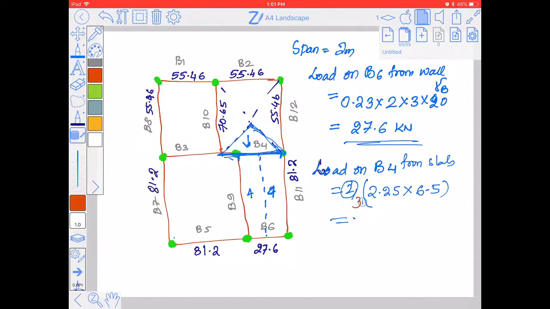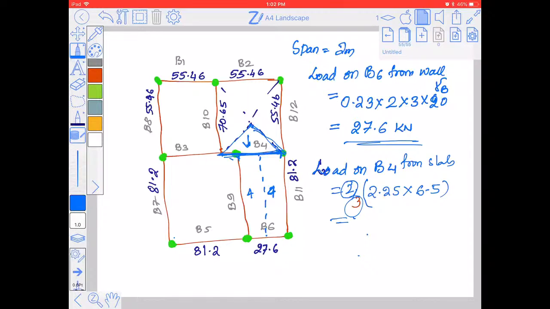Here the total load distributed, yes, calculate the area of triangle. Exactly, you are right. The total load is distributed over 3 meter, but our beam span is only 2 meter.